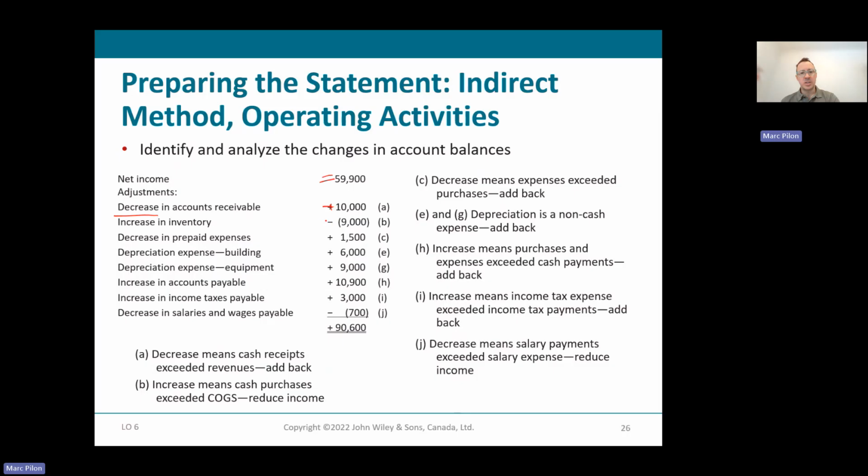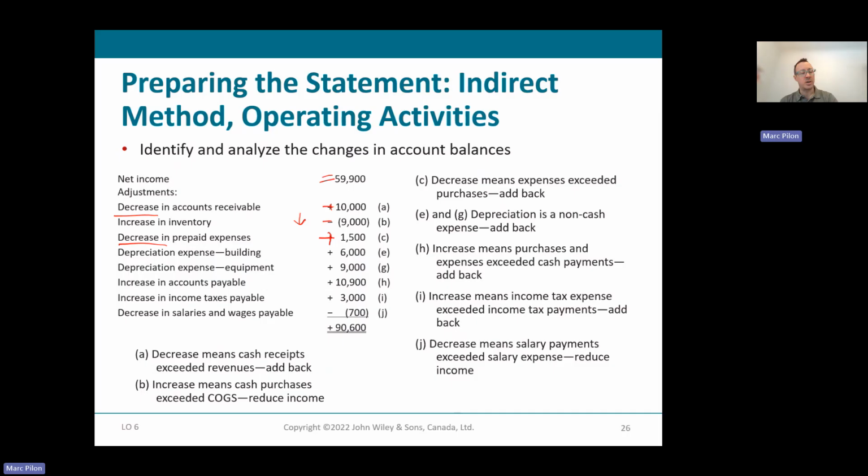Inventory is up. I would have paid for that, so that's downward pressure on my cash flows. Decrease in prepaid, something I paid last year, it decreases. So it goes in my income statement as an expense this year, the prepaids from last year, but they were paid last year.